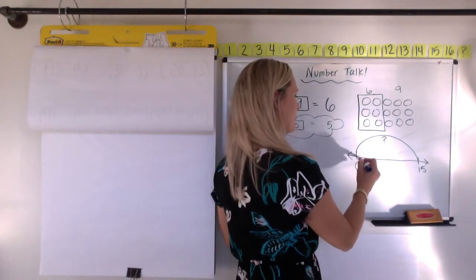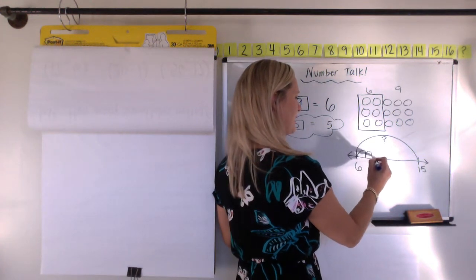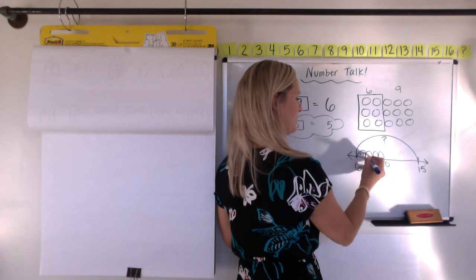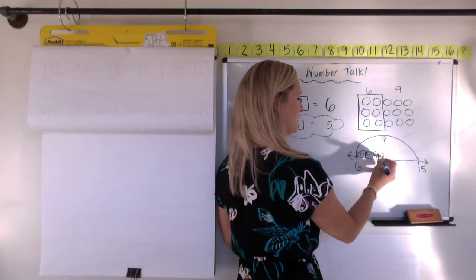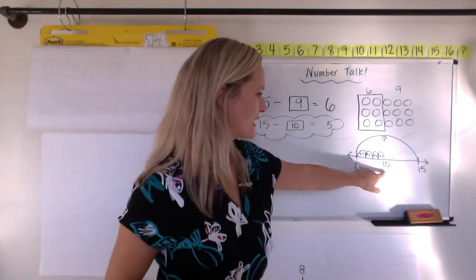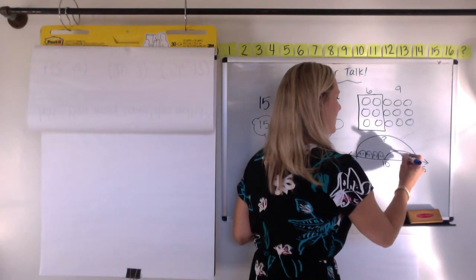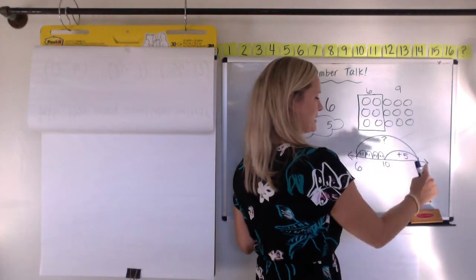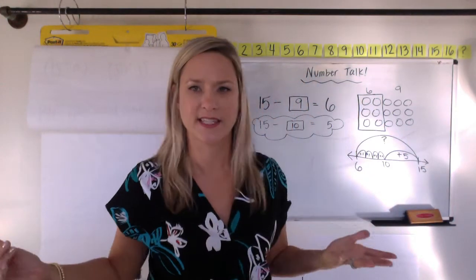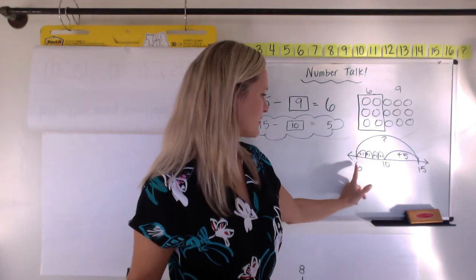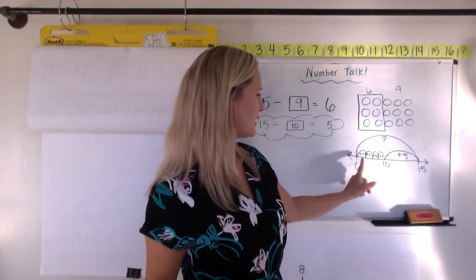So maybe some of you jumped 7, 8, 9, 10, and you got to 10, and that was plus 1, plus 1, plus 1, plus 1. So that was a hop of 4 to get us to 10. And then maybe it just took one big hop of 5 to get to 15. Did anybody do that? And then we had to find out how far it was from 6 to get to 15. So let's add those up.